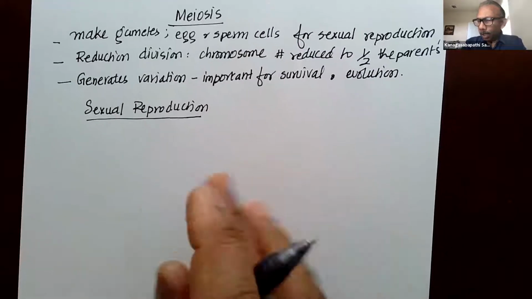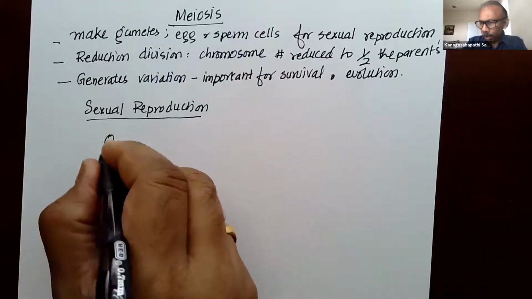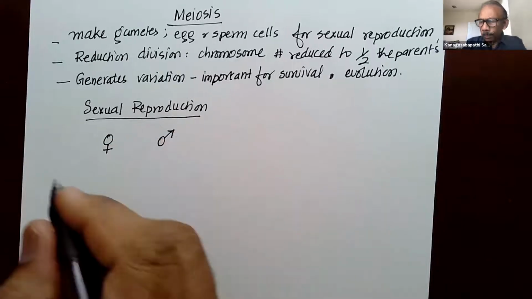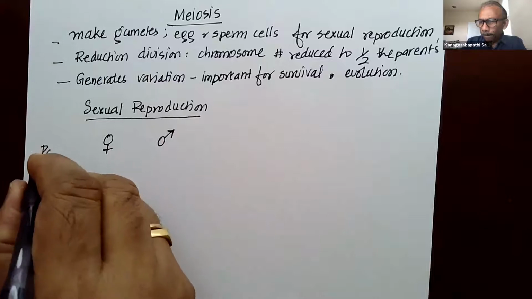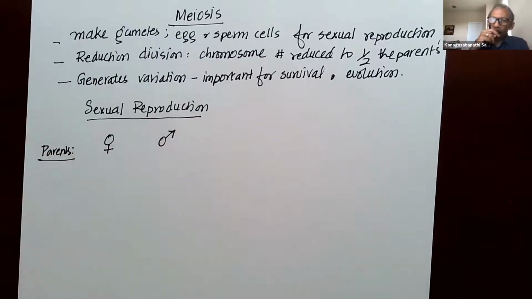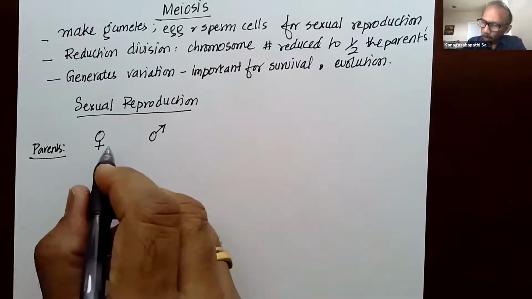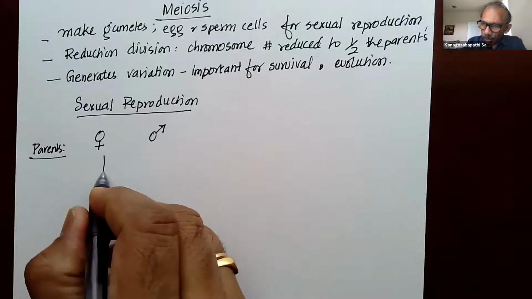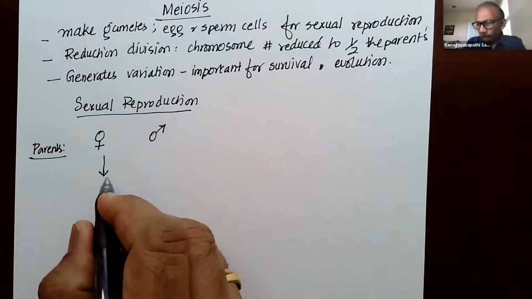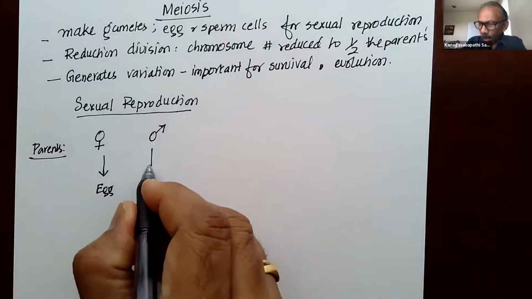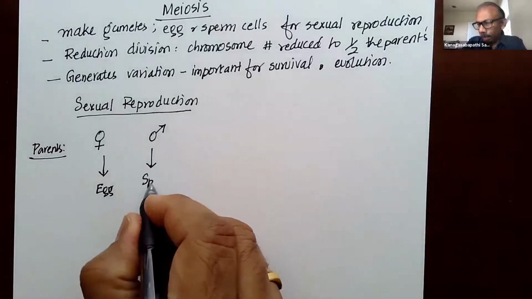Sexual reproduction has two parents, a female parent and a male parent. They are adults reaching a reproductive stage, and the female makes the egg cells and the male makes the sperm cells.